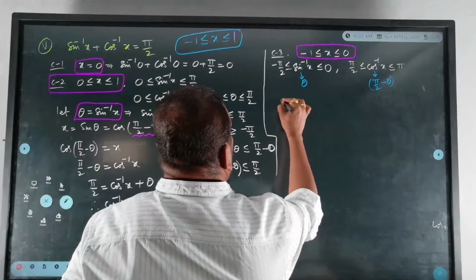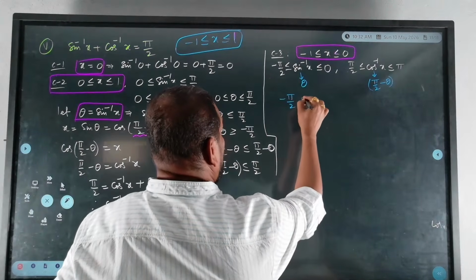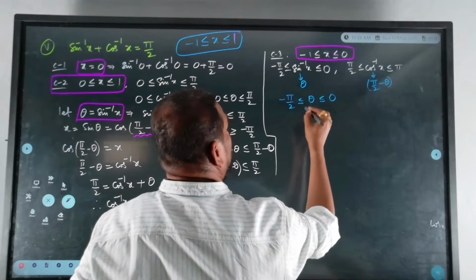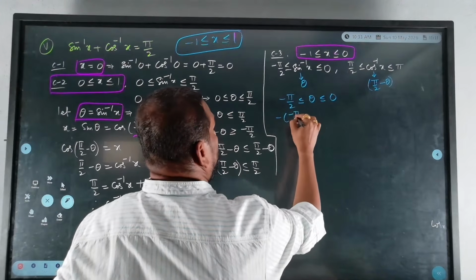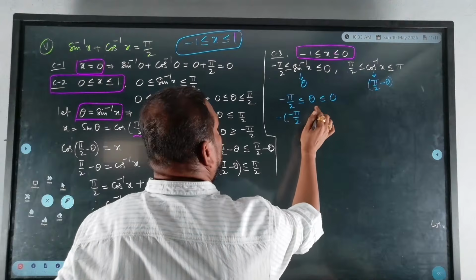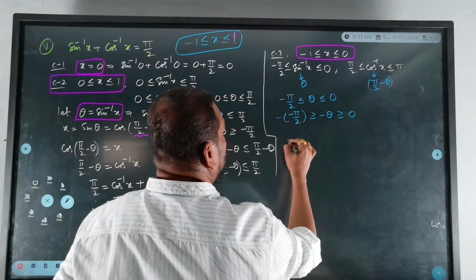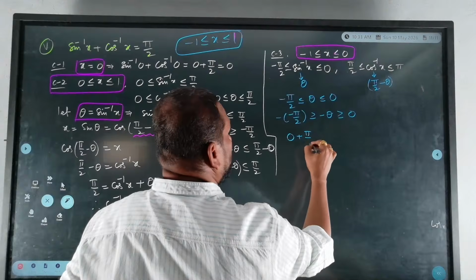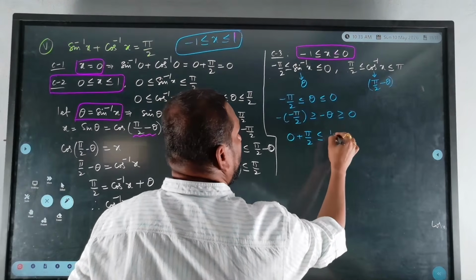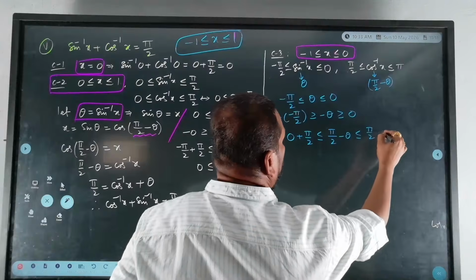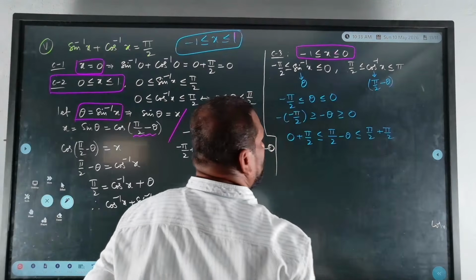So minus pi by 2 less than or equal to theta less than or equal to 0. Multiplying by minus, minus of minus pi by 2 greater than or equal to minus theta greater than or equal to 0. So 0 plus pi by 2 less than or equal to pi by 2 minus theta less than or equal to pi by 2 plus pi by 2.